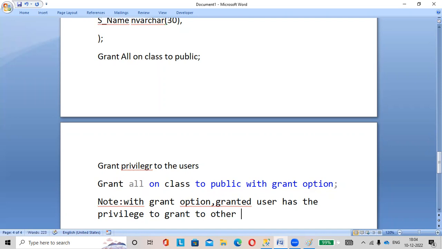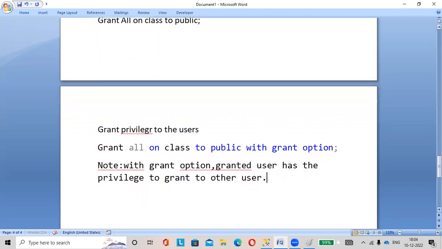Is it clear, ma? Is it clear what this command states? Everyone? Yes, understood. First the grant command is given to one user. With this grant option, the granted user can grant the permissions to the other users.